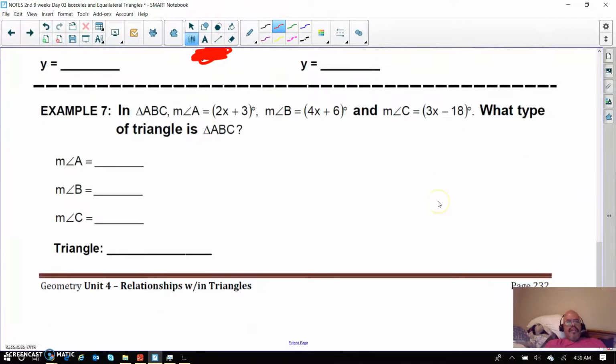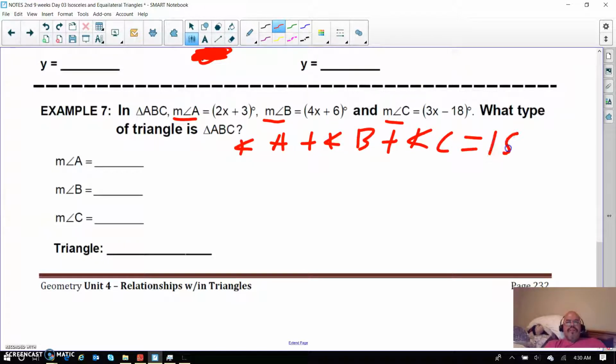And now we have a whole bunch of things. We have the measure of angle A, angle B, and angle C. So angle A plus angle B plus angle C is equal to 180. Now we just need to solve that.